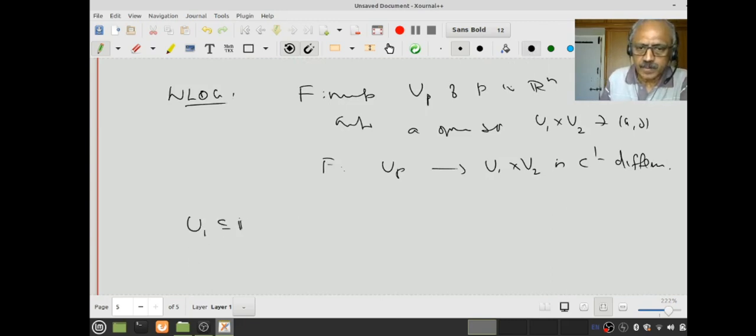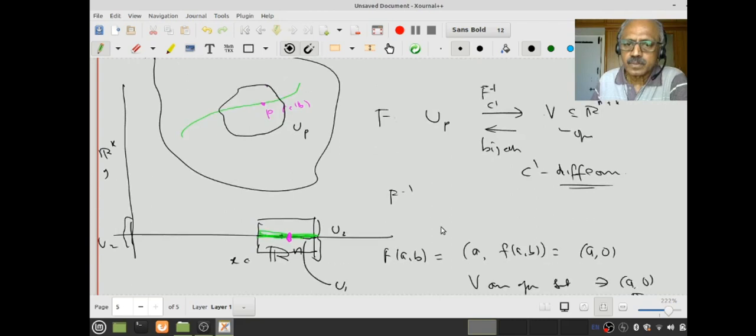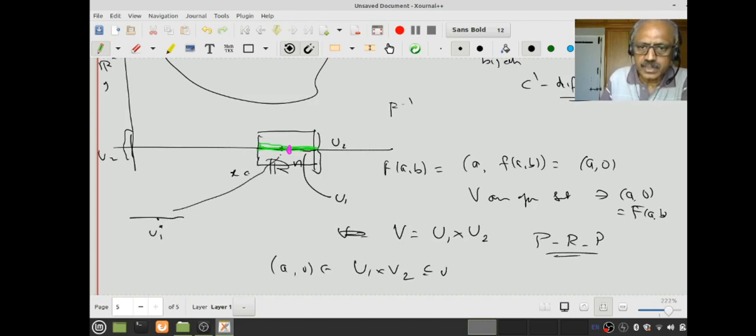This is in Rn, and from here I go to Rn plus Rk. What is the map? Take any x, map it to x comma 0. Do you understand this? So my a goes into a comma 0 here.